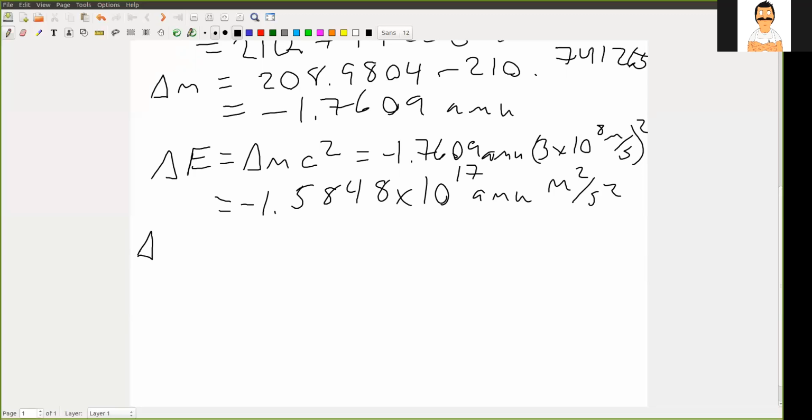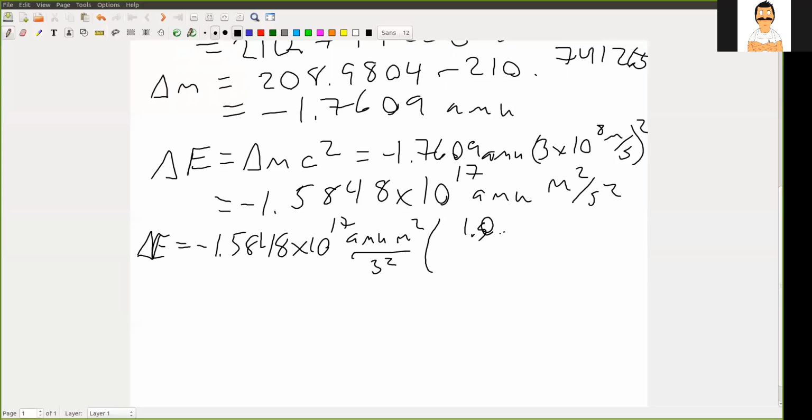So we could say delta E is equal to this negative 1.5848 times 10 to the 17 AMU meters squared per second squared. And we can multiply it by the relation between 1 gram and atomic mass units. So for every 1.00 grams, you have 6.022 times 10 to the 23rd AMUs.